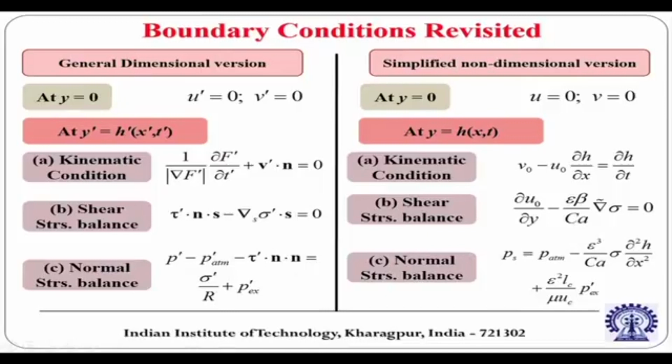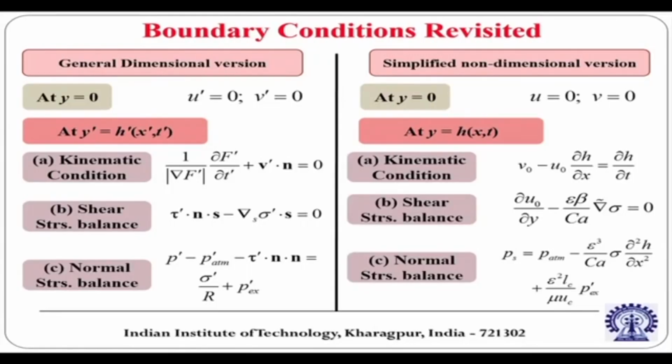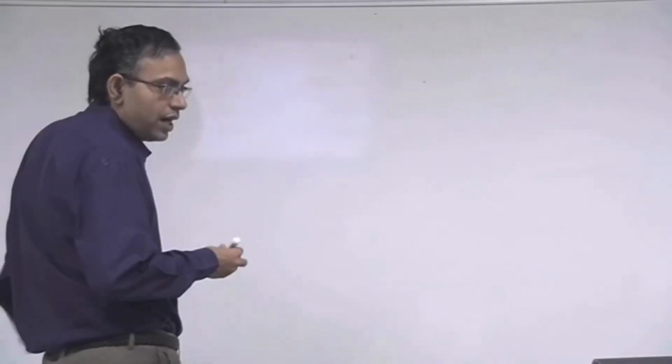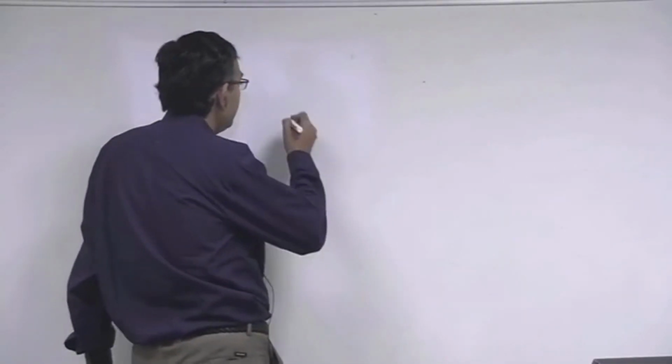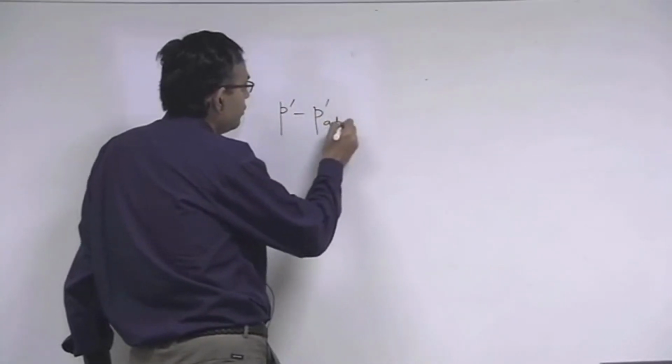Just to help you recapitulate how to recover the dimensionless form from the dimensional form, I will briefly take up any one of these boundary conditions, say the normal stress boundary condition for example. So you have P dash minus P dash atmosphere.